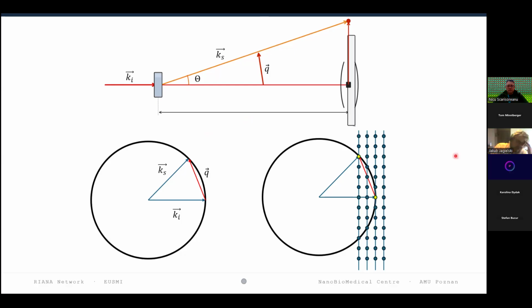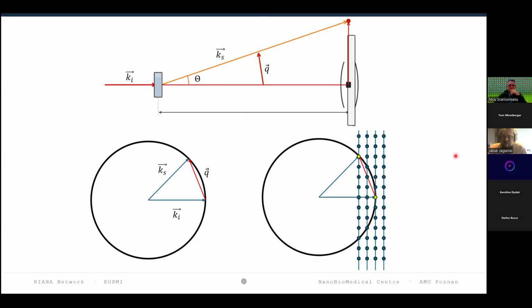But what does Q actually tell us? It acts as an inverse length scale. Each Q value probes structures with a characteristic spacing d, which equals 2 pi over Q. Small Q means small angles, which means large real space periodicities.